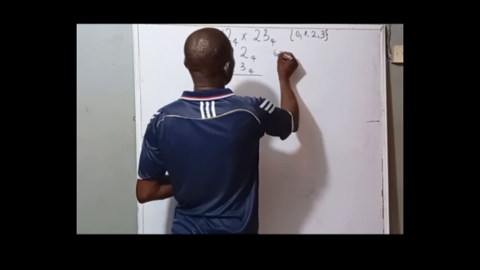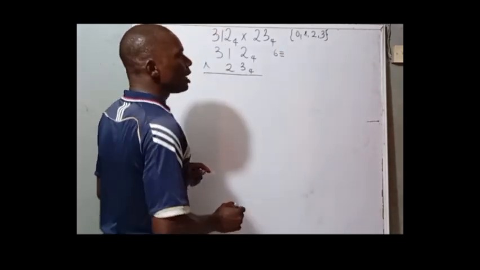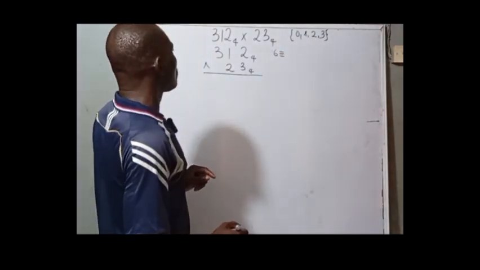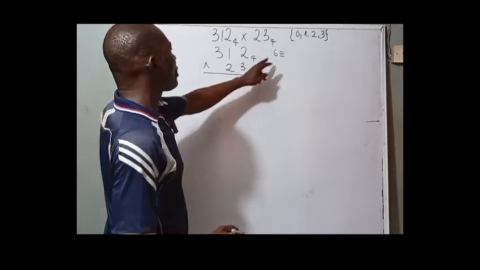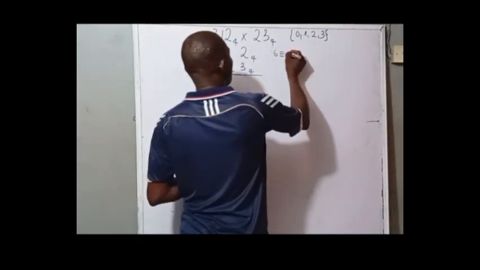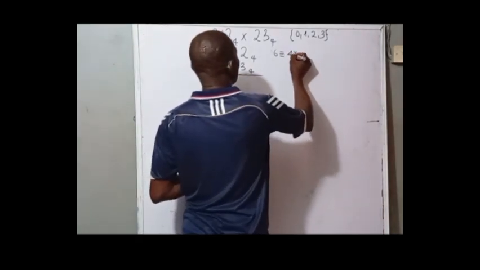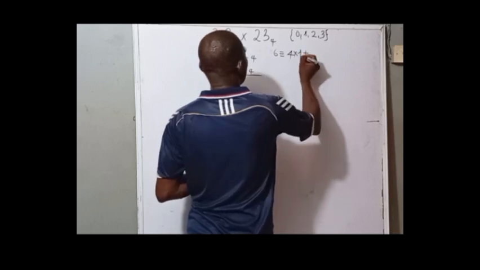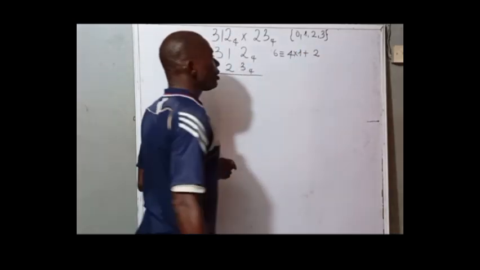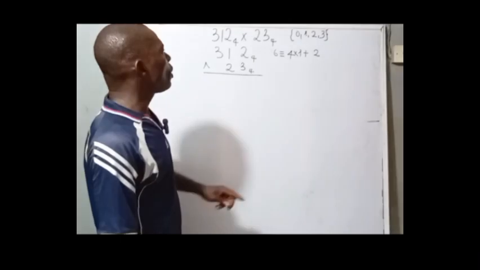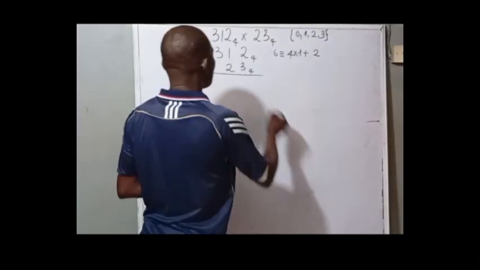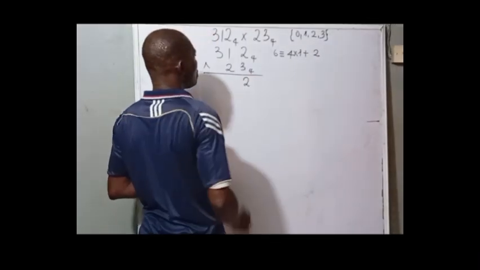So let's see how we manipulate this. We are looking at how many 4s are contained in 6. That is one 4, with a remainder of 2. We will always write down this remainder, so we put down 2 here.